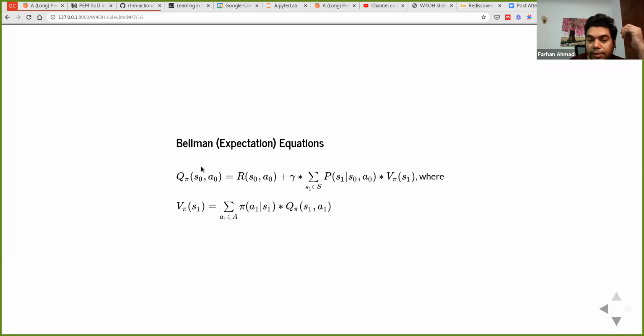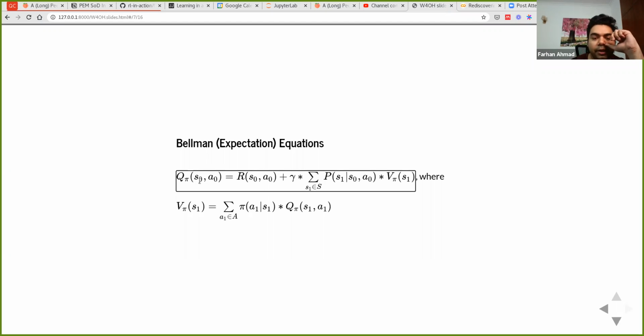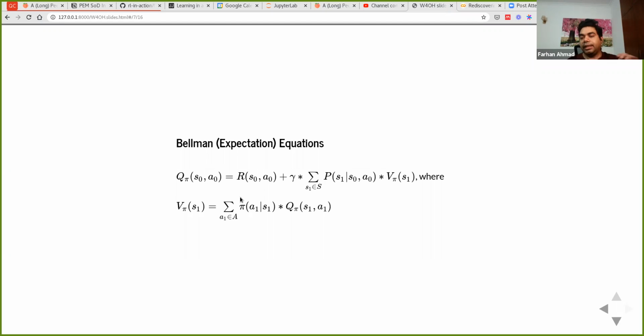So the Bellman equation is basically the recursive equations that we have been using all along with dynamic programming, with TD, with Monte Carlo, everything, right? Over here we are trying to define the Q value, which is the returns for a state S0 and action A0, and the subscript pi is saying that at this moment we have some policy pi that we are using to determine this value.